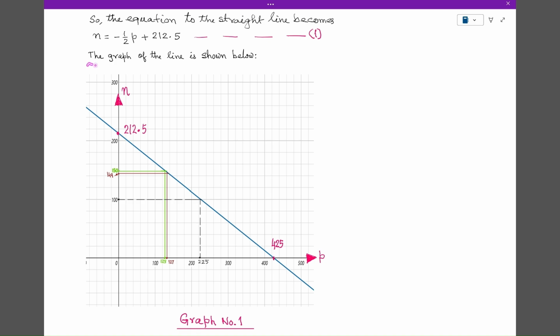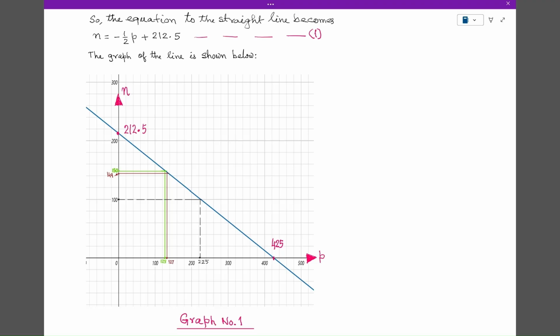The graph of this line is shown below. The y-axis is n, the number sold. The x-axis is p, the price per unit, and we have plotted the downward sloping straight line from the values given.